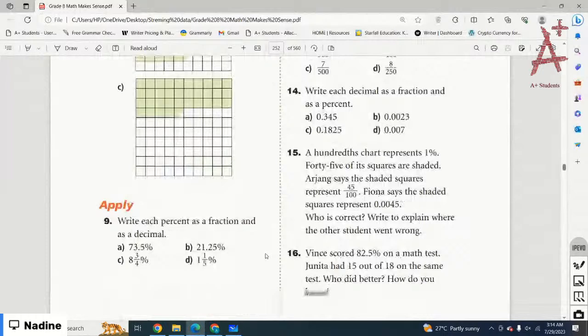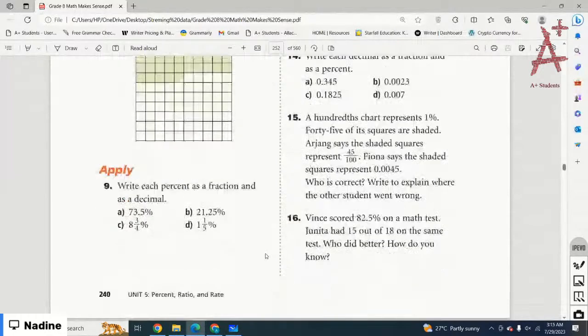Write to explain where the other student went wrong.